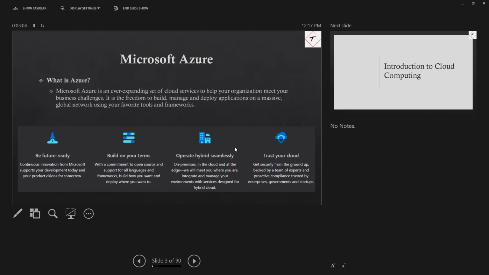So, what are the key advantages of moving to Azure Cloud? It is future ready, so you are ensured that the infrastructure and the scale are available for you to meet your business requirements, and you can scale the requirements in a matter of minutes when required.